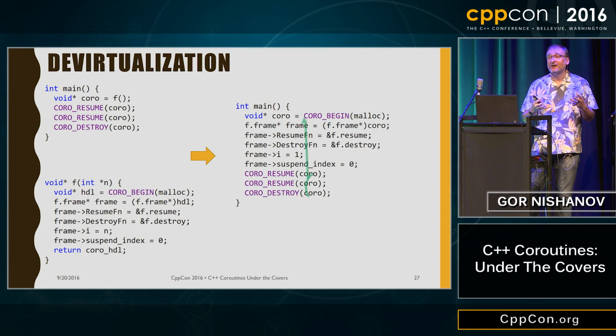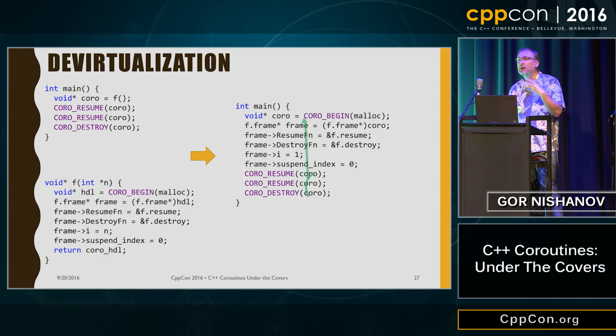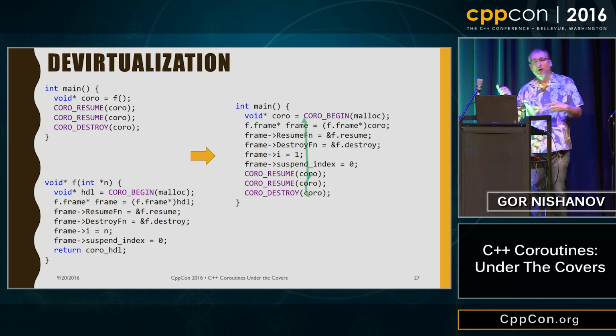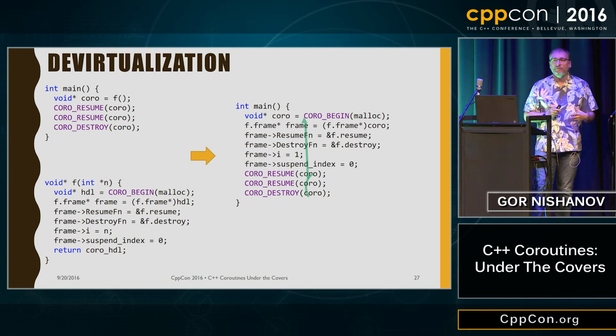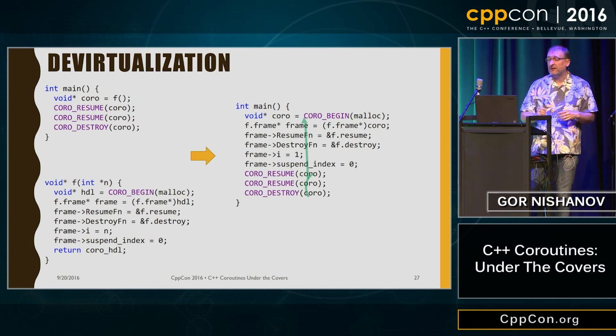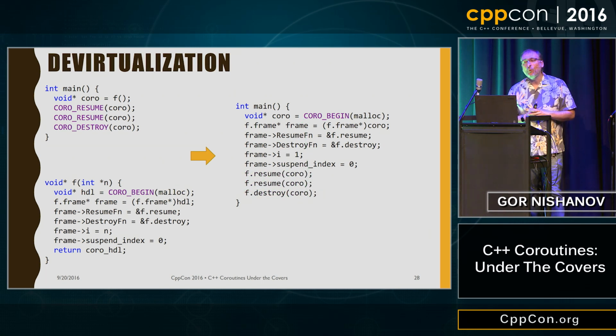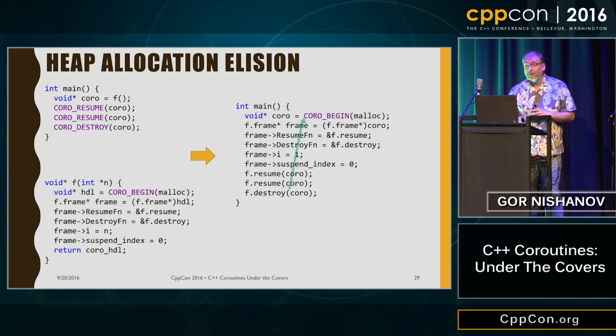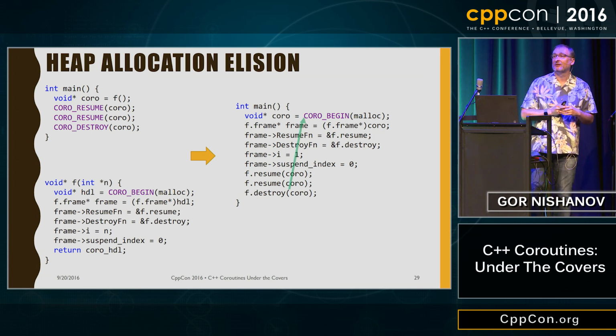It just means that we have somewhere an indirect call, which is turned into a direct call. So since we observe now that all of the resumes and destroys are rooted into coro_begin, we can replace them with direct calls. Moreover, we can observe that the coroutine is destroyed right here.